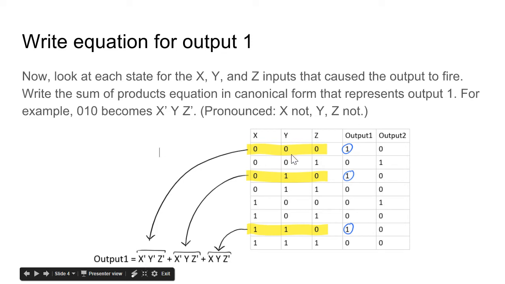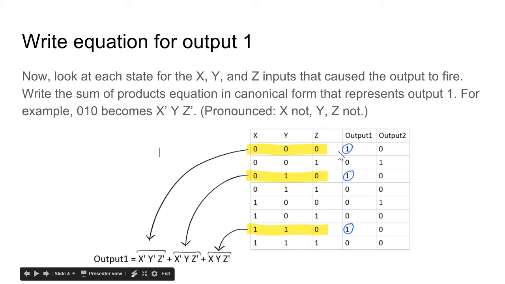Then we look to our next input and we see that Y is 0, so we bring down Y naught. And then we see that Z is also 0, so we bring down Z naught to our first product expression here. So this product, X naught times Y naught times Z naught, covers our first case where output 1 fires.